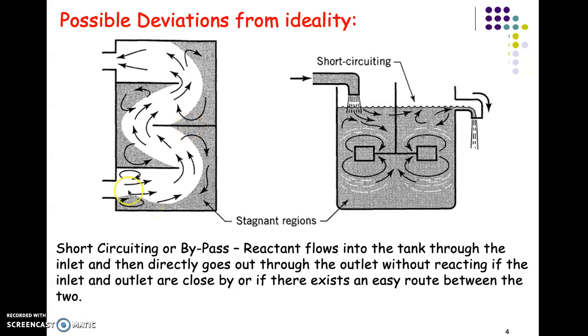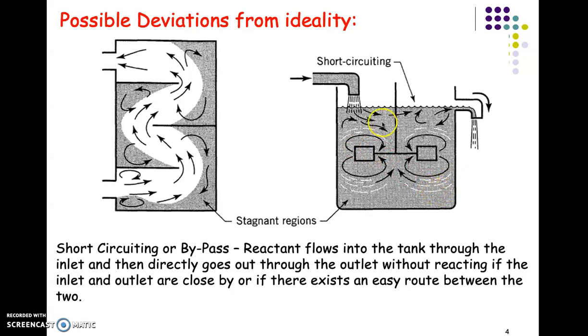This is the baffle. The baffle is actually to increase the mixing of the reactants in your reactor. But somehow, if you look here, the gray area is the stagnant region, meaning that the fluid inside the reactor is not properly mixed.